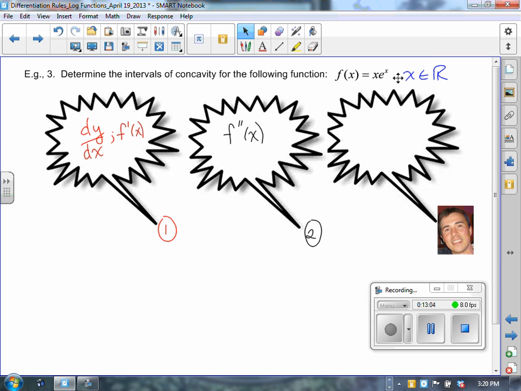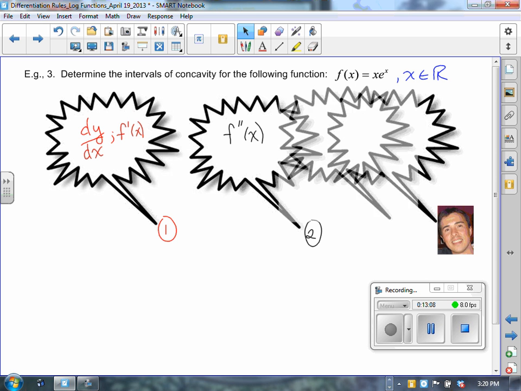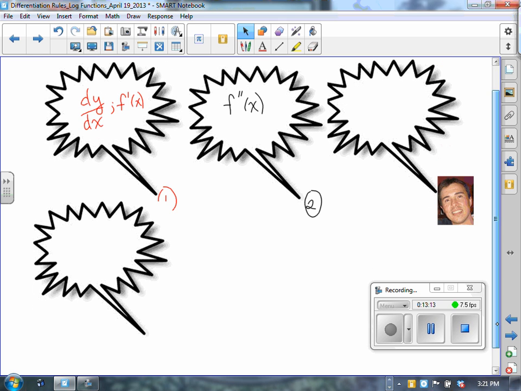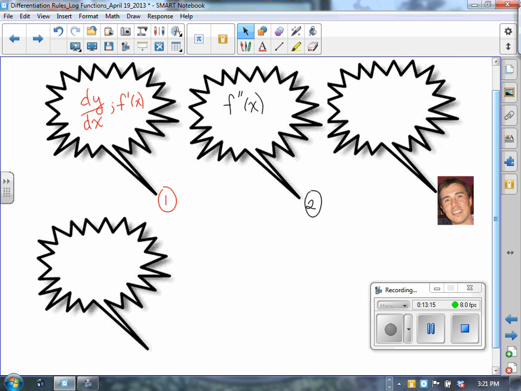Now, knowing that we're again on the hunt for concavity, we do need inflection points. So the values that are critical as being inflection points. Okay, so inflection points.